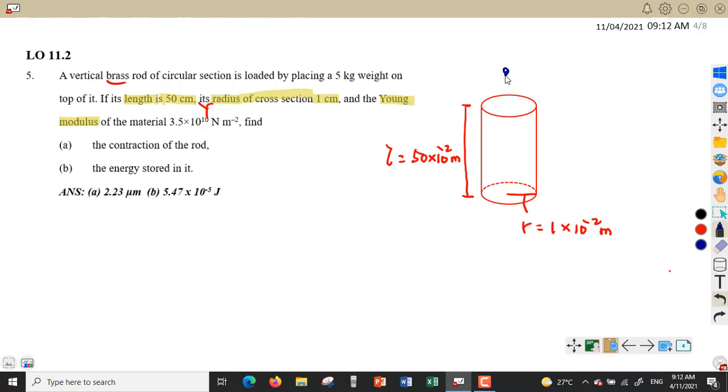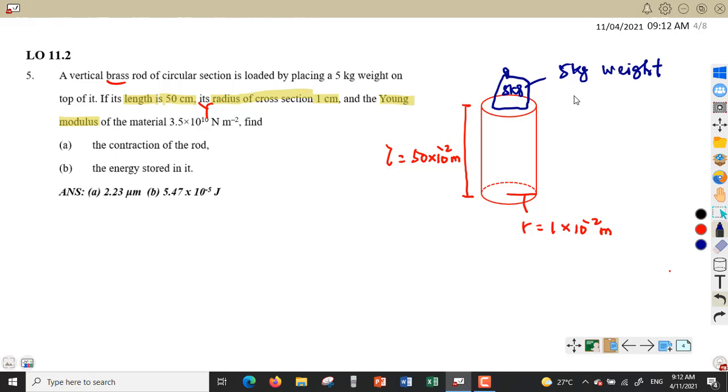So I put a 5 kg weight on top of it. So what is going to happen? We know that this 5 kg weight is going to have weight.